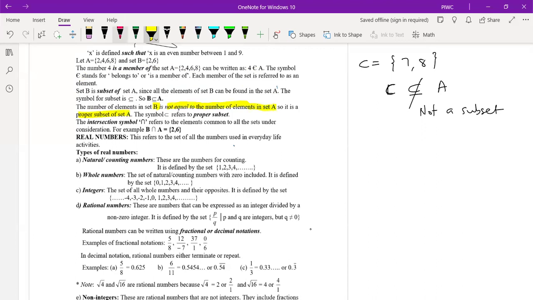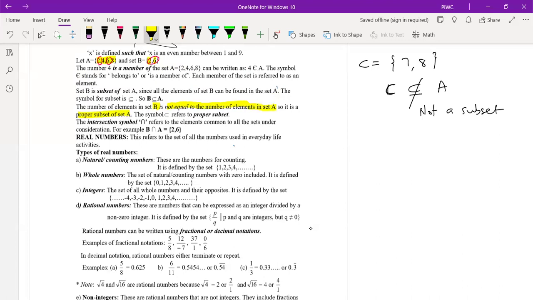So let's go back to the example. So we've already seen that B is a subset of A because you can identify all the elements of B in A, right? Now, if you count the number of elements that I have in B, you have 1, 2. You have 2 elements, 2 and 6. Whilst you have 4 elements in A, right?